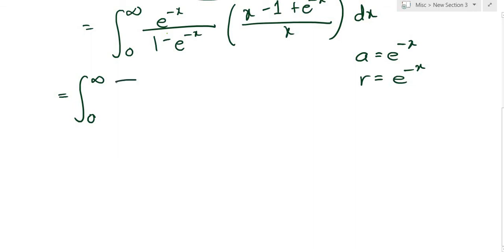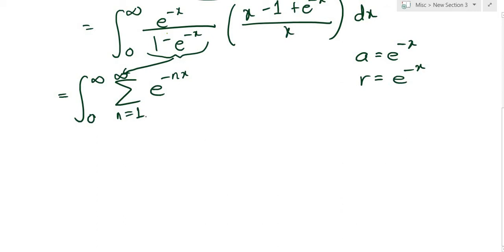So basically we can write this thing as the sum from, say, index n equals 1 to infinity of e raised to negative n times x.